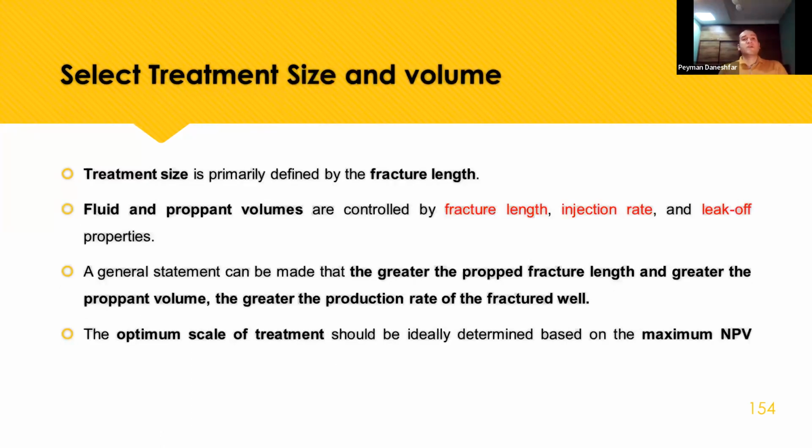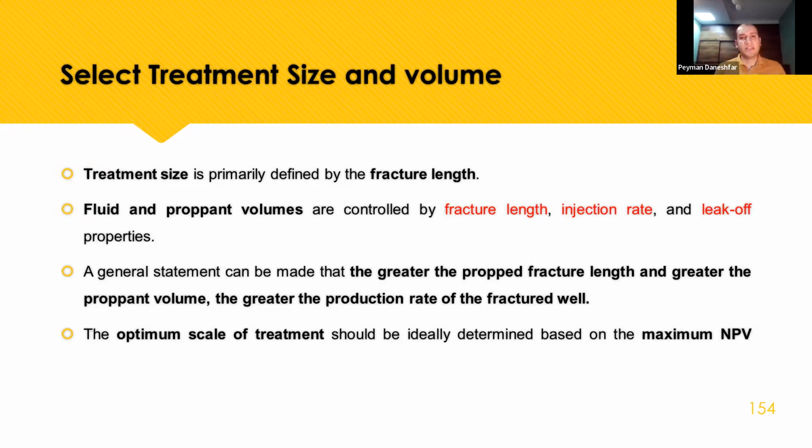Select treatment size and volume. Treatment size is primarily defined by the fracture length, the width, and also the height, because we want to calculate the volume. Fluid and proppant volume are controlled by fracture length, injection rate, and leak-off properties.